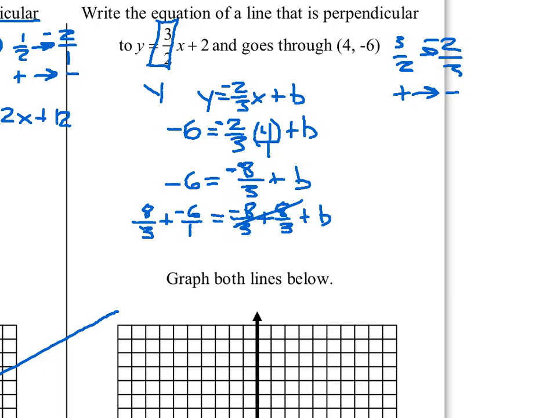And I need to find common denominators here for 8/3 plus negative 6/1. So I'm going to multiply by 3/3. It's going to give me negative 18/3. Good date or bad date? Bad date. So that's going to subtract. That's going to give me 10/3 equals b.